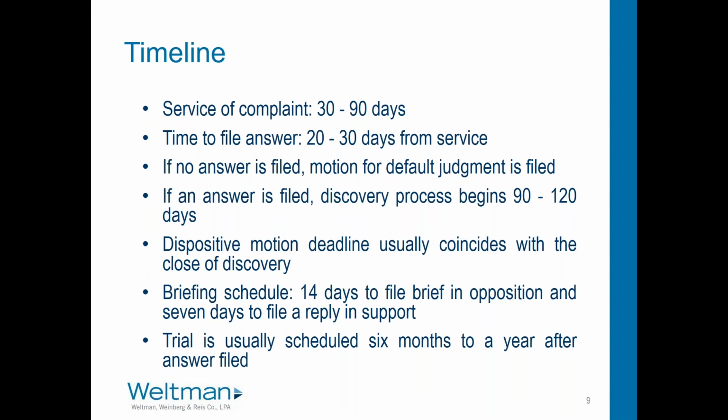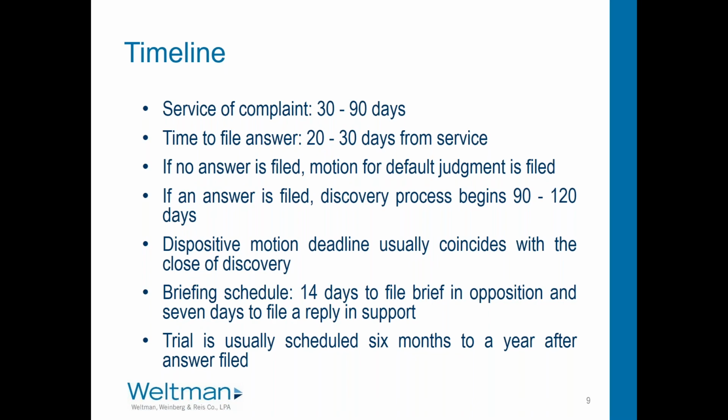If you file a motion for summary judgment, typically at that point, there'll be somewhere between 7 and 14 days for the other party to respond to it. And thereafter, 7 days after that, for you to respond to their brief in opposition. And thereafter, probably somewhere between 30 and 45 days, we can expect the court to rule on that motion for summary judgment.